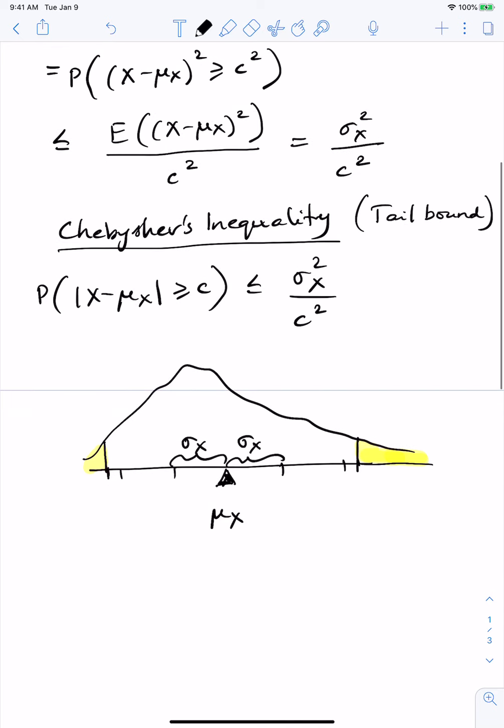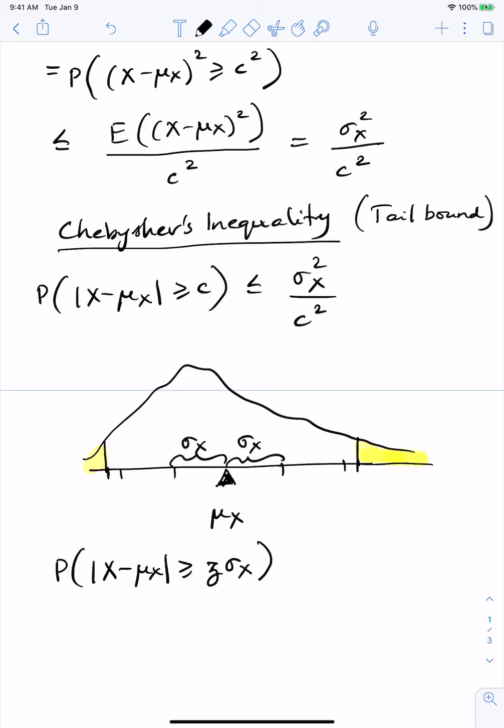Then I can write that event, whose probability I've shaded, as the chance that X minus mu X, that is the distance between X and the expectation, is at least as large as some constant z times the standard deviation.